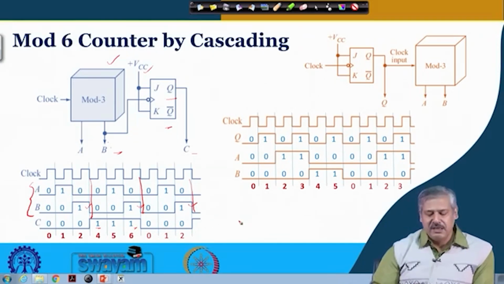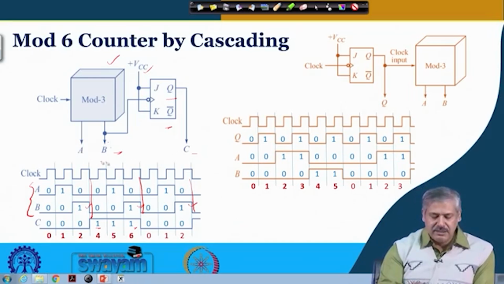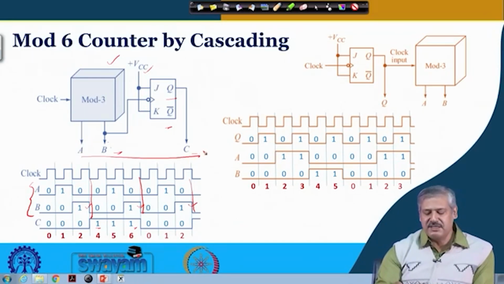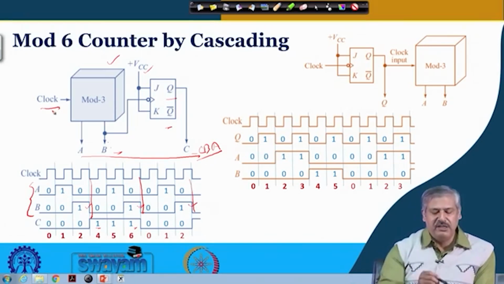Is it fine? Now, if you look at these 3 flip flop outputs together, C, B, A, what are the unique states they define for the clock pulses fed over here?